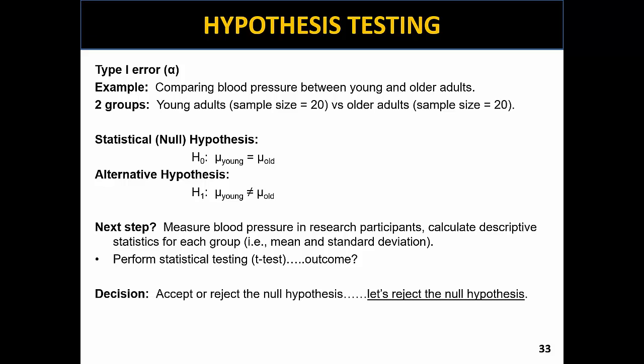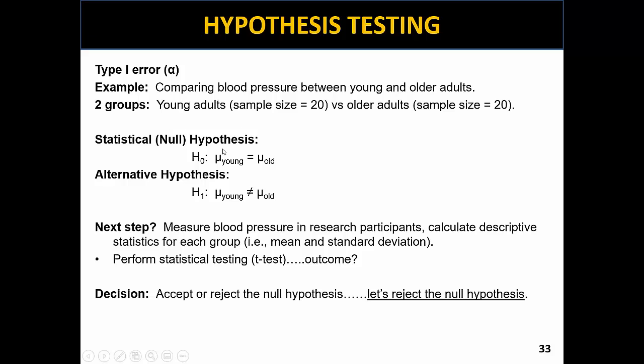Based upon the statistical outcome of this test, we then come back to the null hypothesis, and if the statistics suggest that they're not different, then we would accept the null hypothesis. Or we would reject the null hypothesis if the statistical outcome indicated that there is very likely a difference in blood pressure.